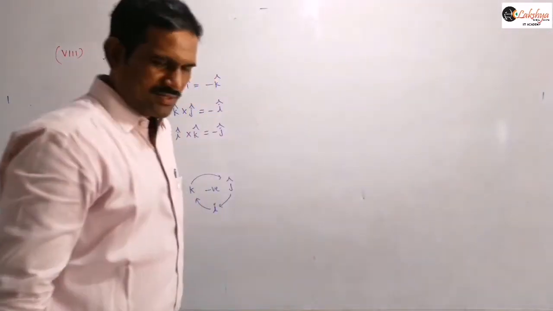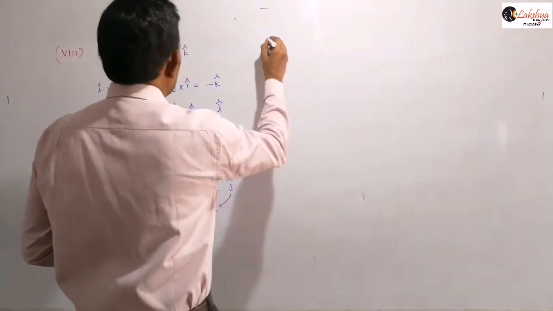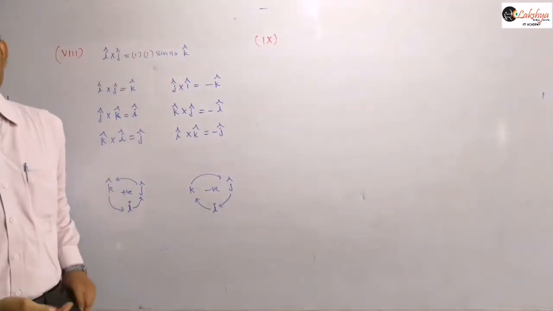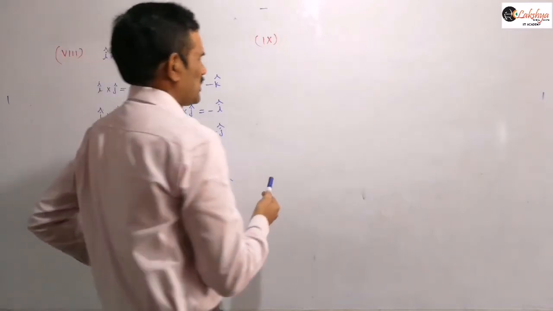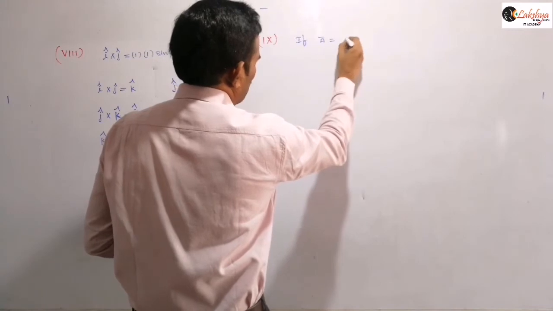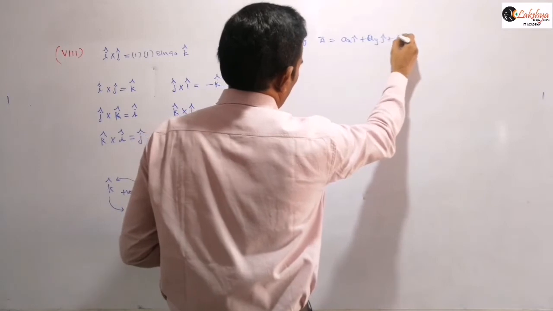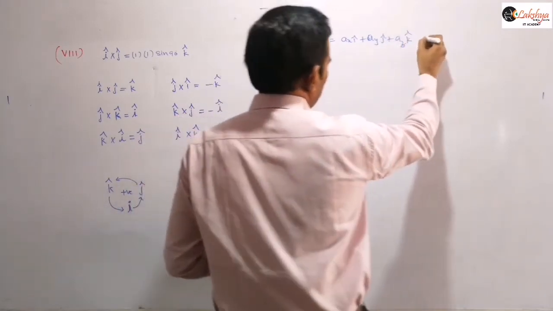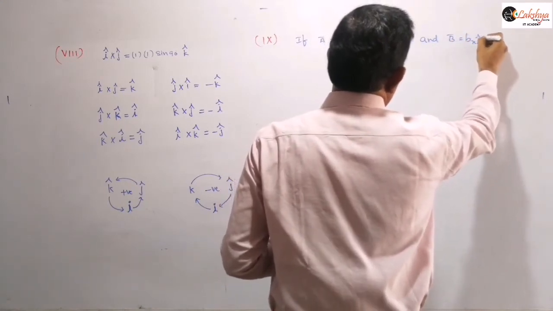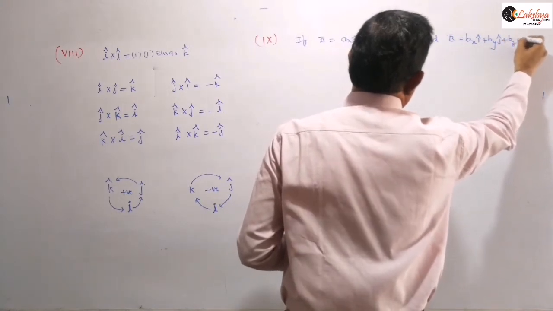Now let us take the two vectors in components form and write the cross product of those two vectors. Let us express the two vectors in i, j, k components form. So let a bar is equal to ax i cap plus ay j cap plus az k cap, and b bar is equal to bx i cap plus by j cap plus bz k cap.